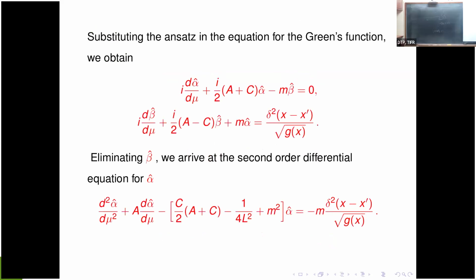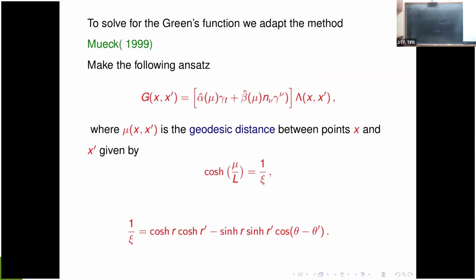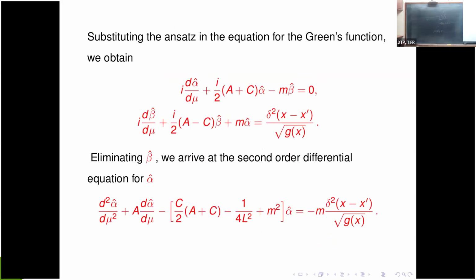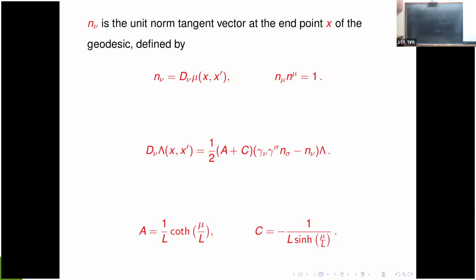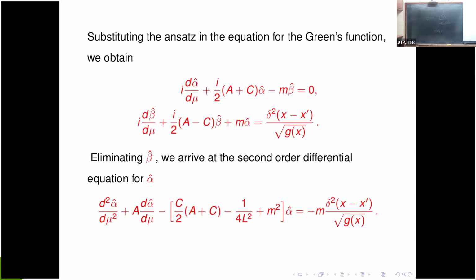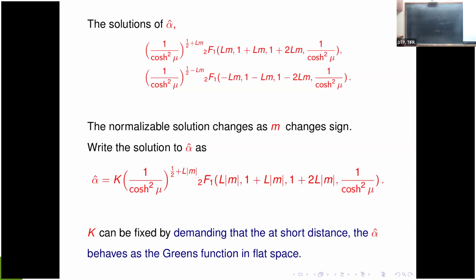The parameterization functions alpha and beta satisfy these equations, and alpha satisfies a second order differential equation of this kind, where A, B, and C are cosines in terms of the geodesic length. So finally you can reduce it to a second order differential equation.